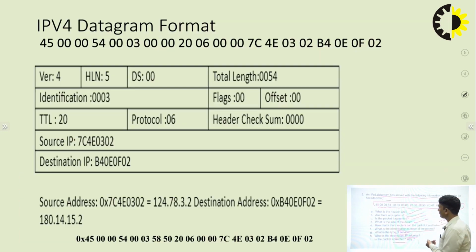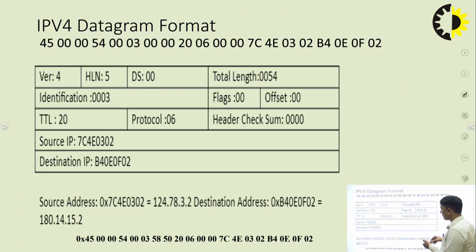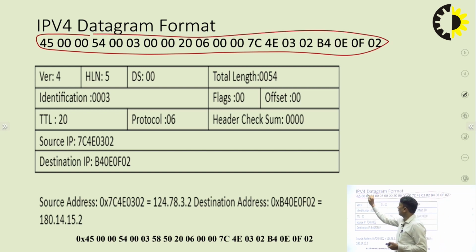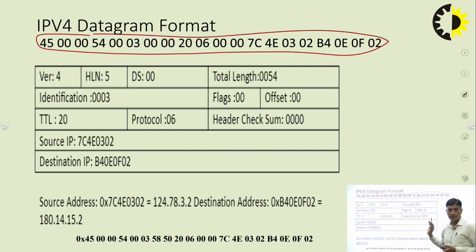Let us see. So, what is the first step? The first step is we have to arrange these hexadecimal values in the datagram format. For this we need a very clear idea about the datagram format. Like we see, these are in hexadecimal.